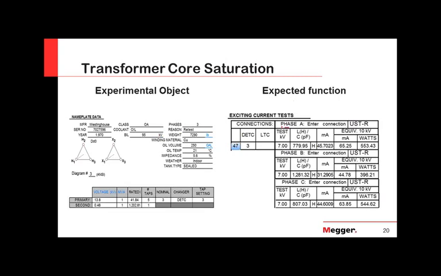You can see that the high voltage excitation current test, we made it at 7 kV. And from 7 kV, you can clearly see the excitation current for phase A, phase B, and phase C.